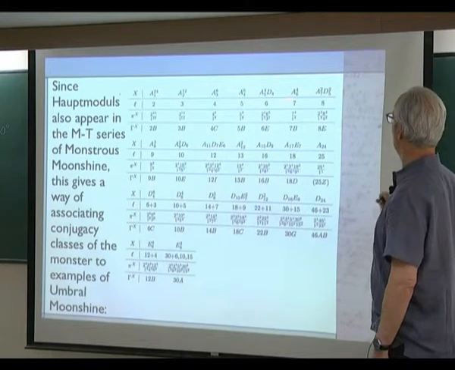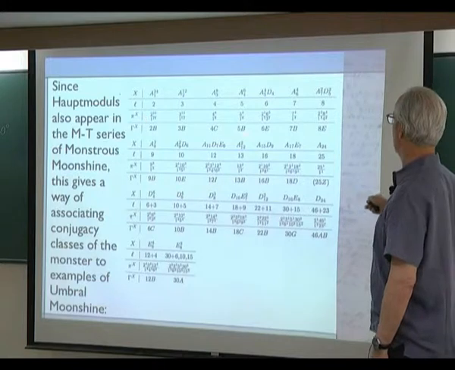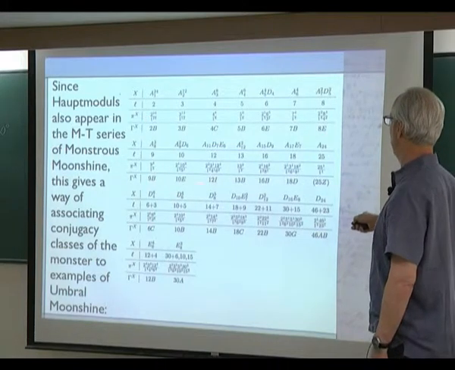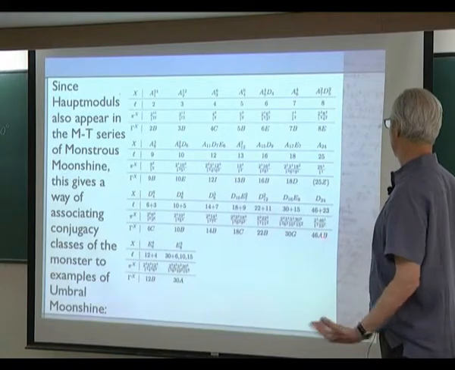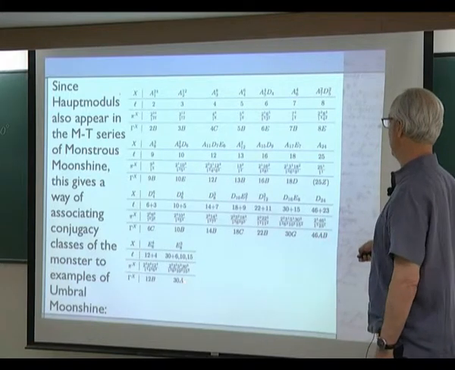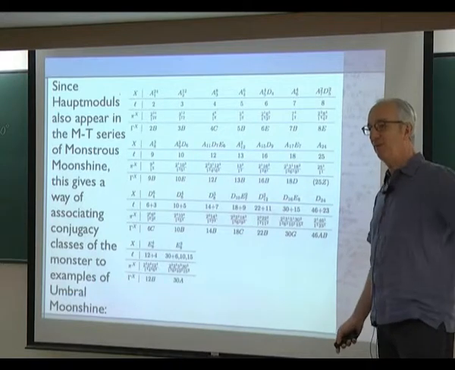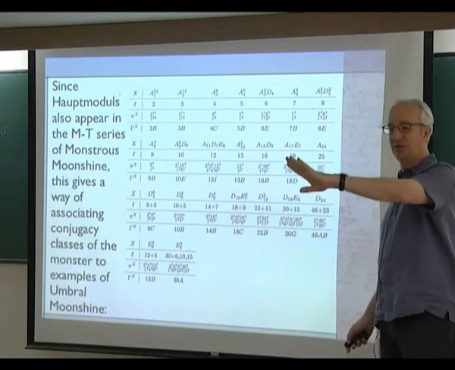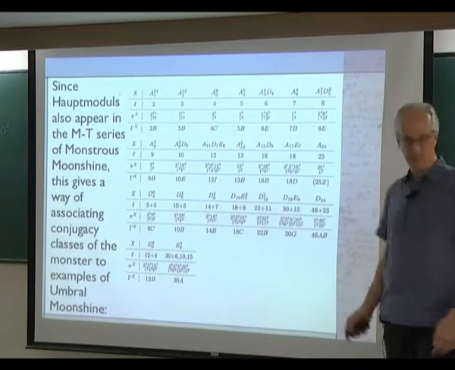Here are all the examples of X's, and labeled here are all the conjugacy classes of the monster that give rise to that same Haupt module by this twisting procedure. So each example of Umbral Moonshine corresponds to a conjugacy class in the monster, and that may be important later on.